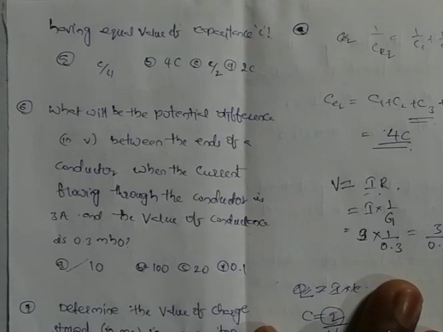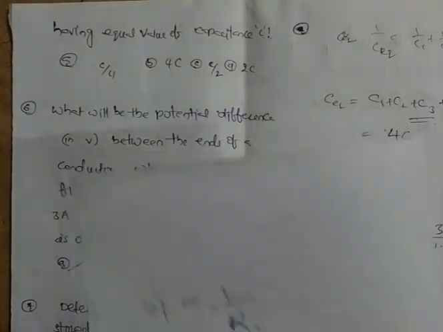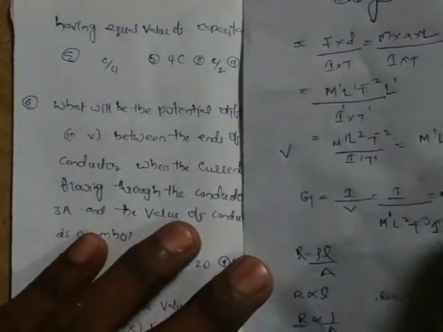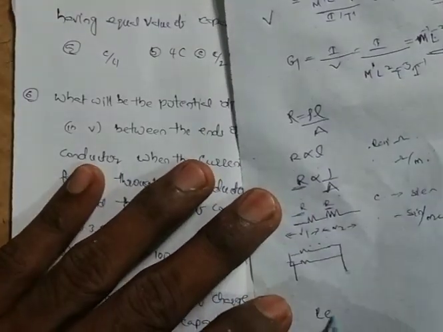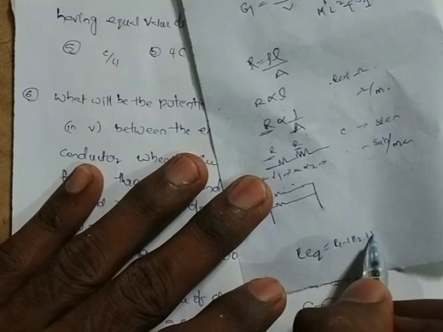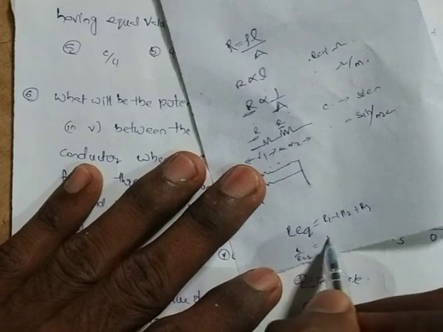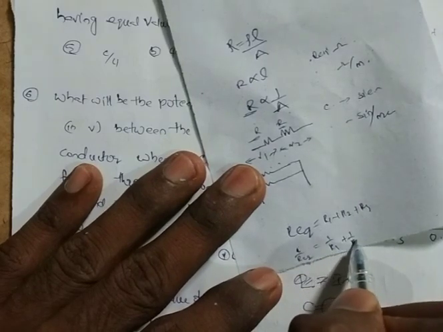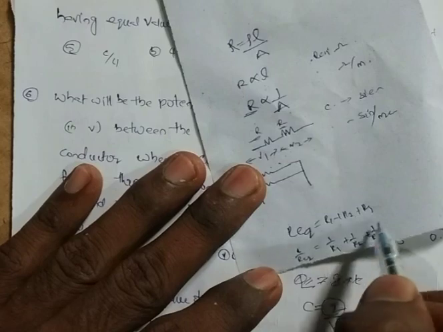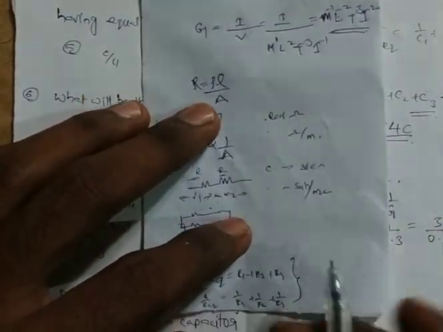See, in case of resistance, the series equivalent resistance is R equivalent equal to R1 plus R2 plus R3. In case of parallel, 1 by R equivalent is equal to 1 by R1 plus 1 by R2 plus 1 by R3. But in case of capacitance, these are quite opposite.